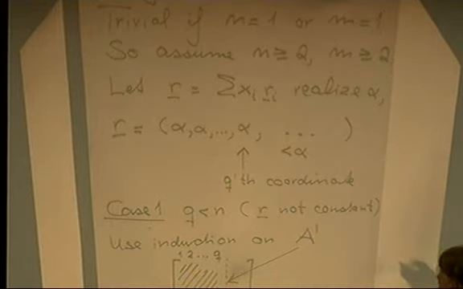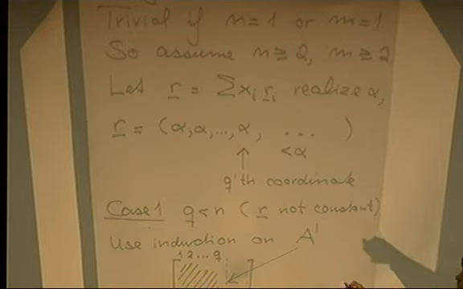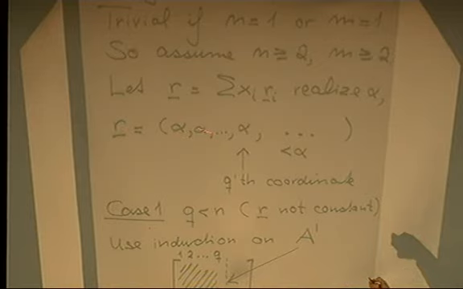Remember how alpha was defined. That was when you took a row interval and pushed the right end point as much as possible to the left as you could. So let's look at the row vector which realizes this alpha.